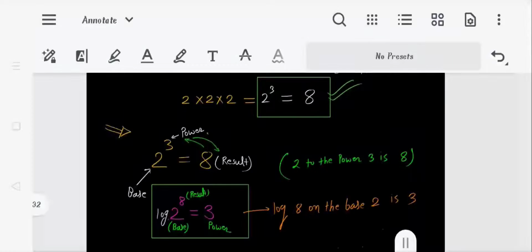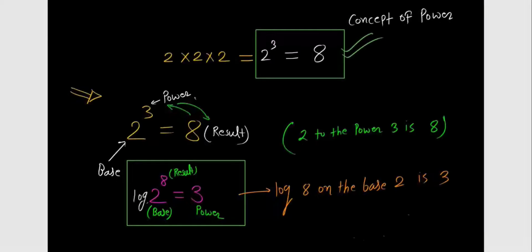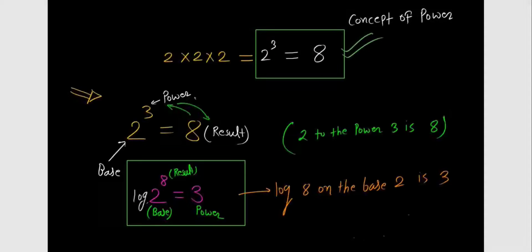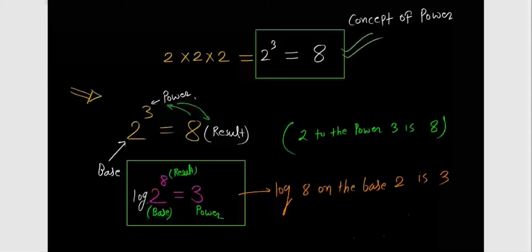What is the new thing in log? It is just a new nomenclature, where the positions of power and result are exchanged. You replace the power with the result and the result with the power. If you know this, you will easily understand what log is.